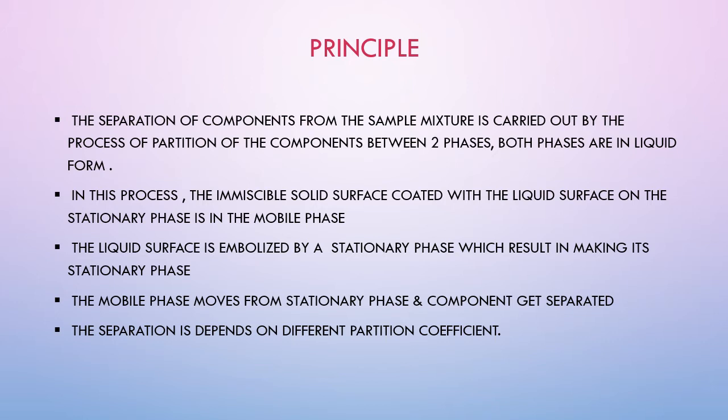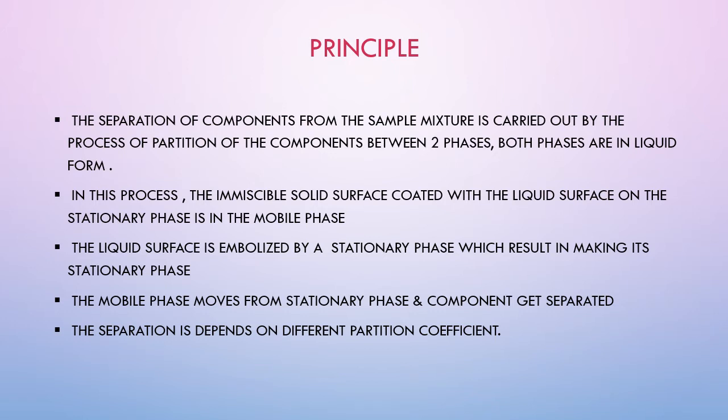Partition chromatography is based on the differential partitioning of the components of a sample mixture between two phases, the stationary phase and the mobile phase, and most commonly it is used in paper chromatography. Liquid-liquid phases are used, and for practical purposes we use paper chromatography. The paper works as the stationary phase.